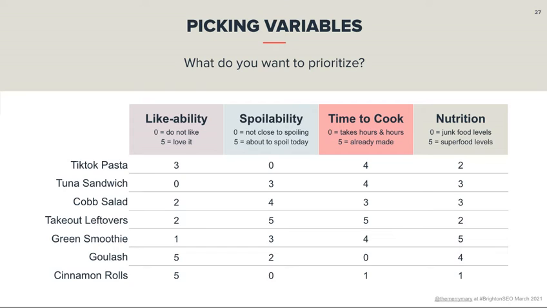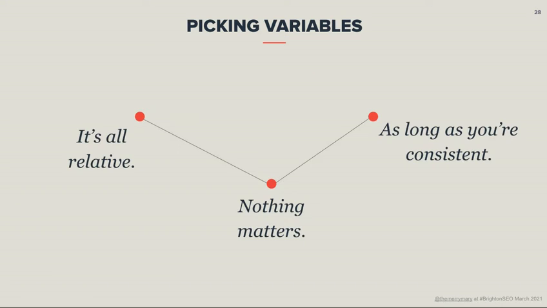Every time I want to prioritize something, I have to pick these types of variables. And it can be very overwhelming picking variables, but at the end of the day, it's all relative to your prioritization model. You just got to make sure that you're consistent once you've picked those variables, and you rate your likability for each of those things in the list on a similar scale. And truly nothing matters. This is your prioritization model. You can do whatever you want with it.